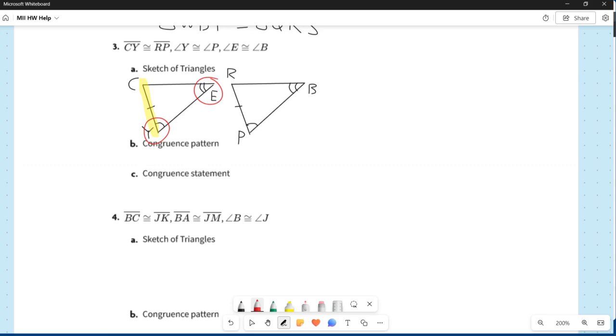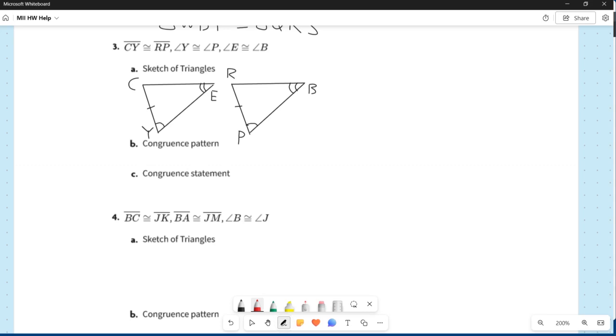The side that's between my congruent angles would be YE, but instead the side that is congruent is CY, which is not between the 2 angles that are indicated as being congruent. The same thing is true for the triangle on the right.